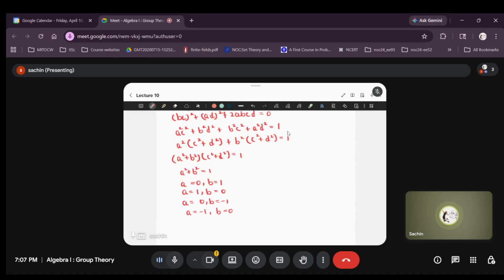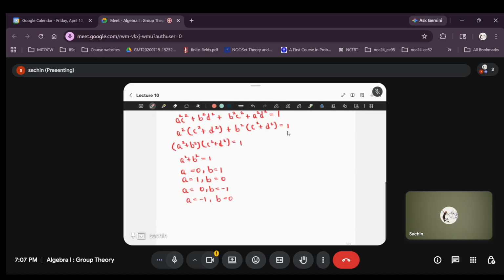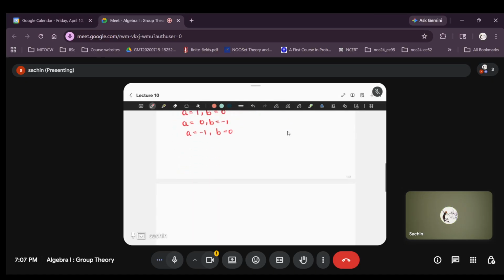So these are the only elements that have an inverse. So the claim is that 1, minus 1, I, minus I are the only units of Z of I.